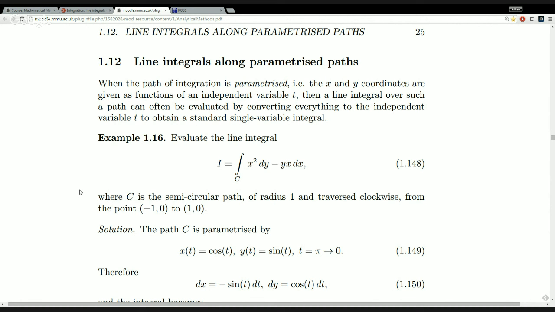We can do some simplification because there's a factor of cosine squared plus sine squared, which is always equal to 1. So that can factor out, and the whole thing reduces to just a straightforward integral of cosine t dt. Note the limits of integration are put in as integrating from pi to 0, because that's how the parameter evolves to trace out the curve C. So the starting value of t is pi, the ending value is 0.